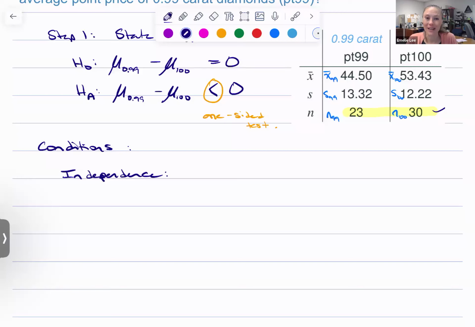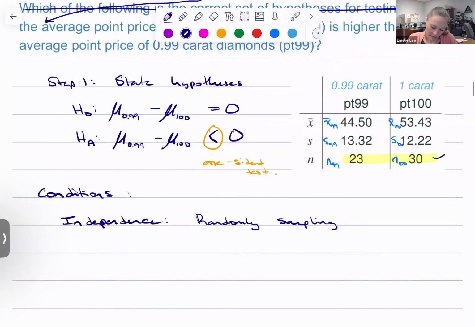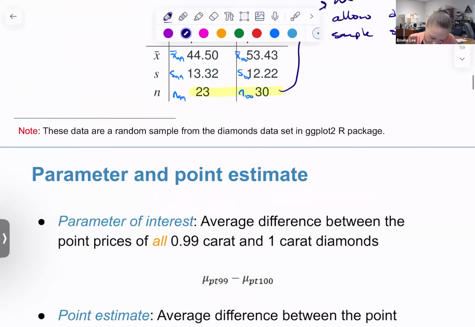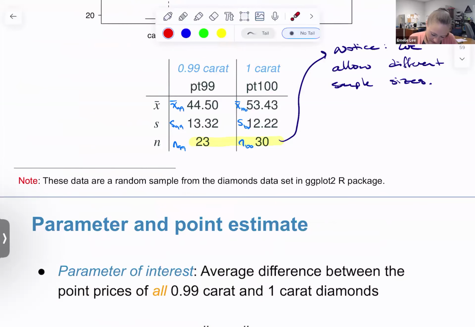I have to have randomly sampled my 2 samples, and they have to be independent of each other. That's new from the paired data, right? So randomly sampling. And I don't think it said explicitly, but there was a footnote saying these data are a random sample from the diamonds data set in the ggplot2 R package. Now we're not using R, so don't worry about that, but it's just a data set.